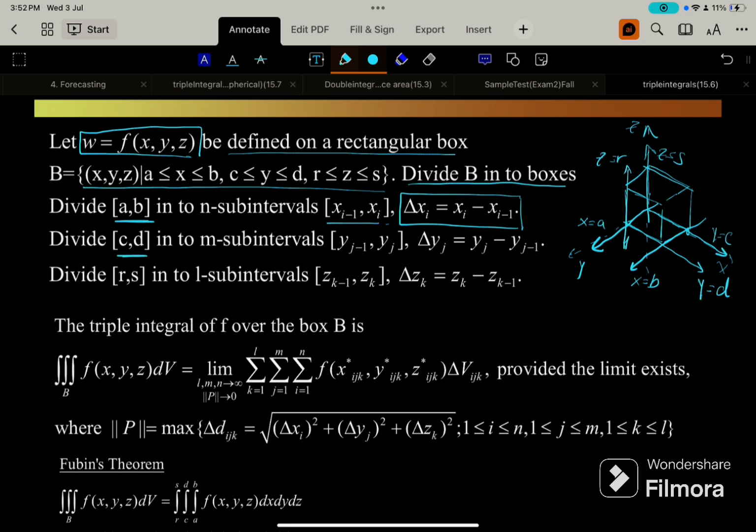And we're gonna divide also the y coordinates into m subintervals, yj minus 1 to yj, and so delta yj. So this is our little box, and we do have delta xi, delta yj, and then we do have delta zk.